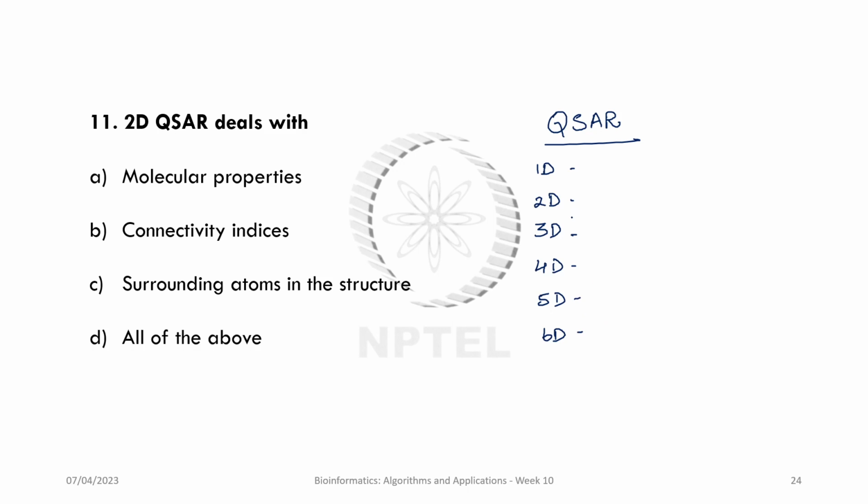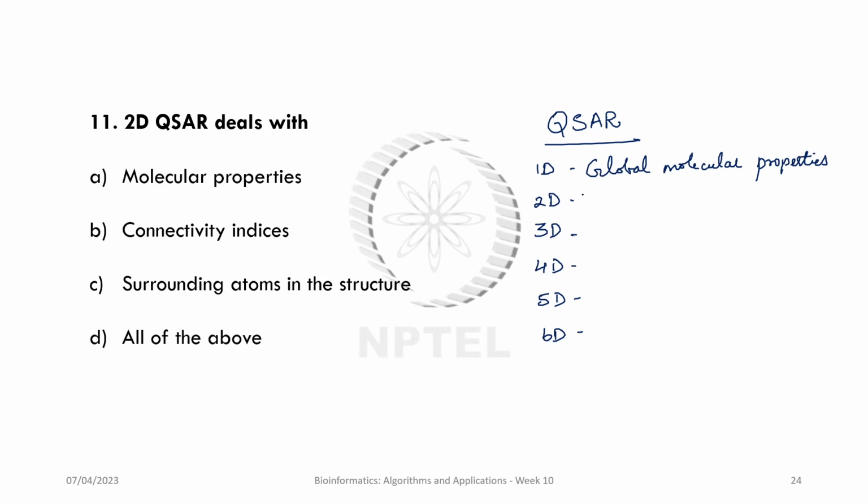These models of QSAR are classified based on the structural representation and the method used for deriving descriptor values. So 1D QSAR correlates activity with global molecular properties such as pKa and log P values. I'm going to write global molecular properties.